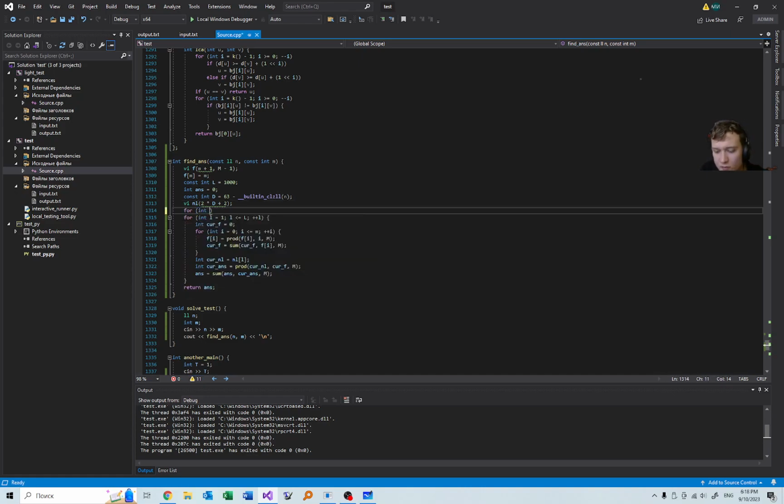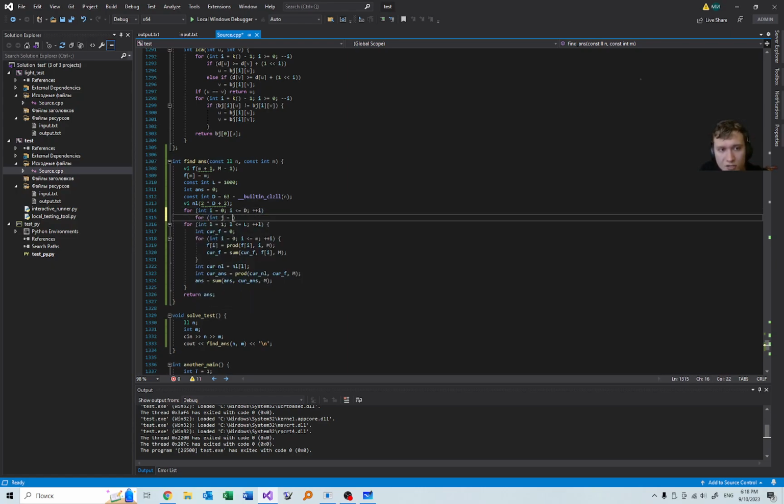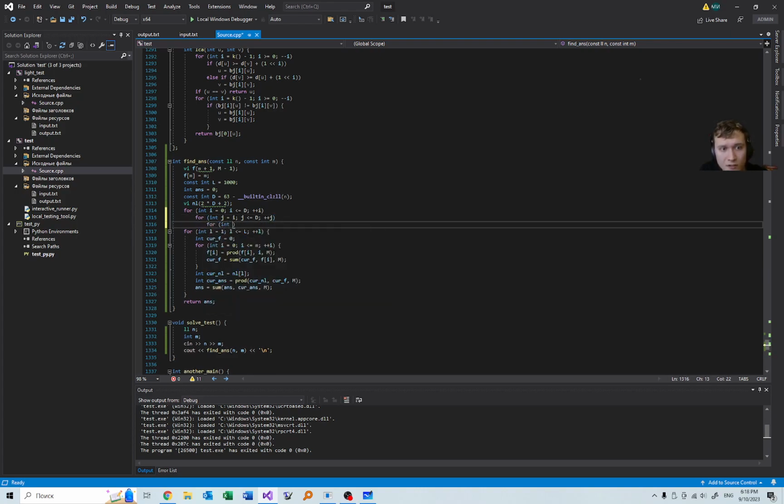Then we iterate over. D is the maximum depth, so we need to iterate at most D. Then we go from int j equals i, j is at most D, and we go through k equals i, k is at most D, plus plus k.